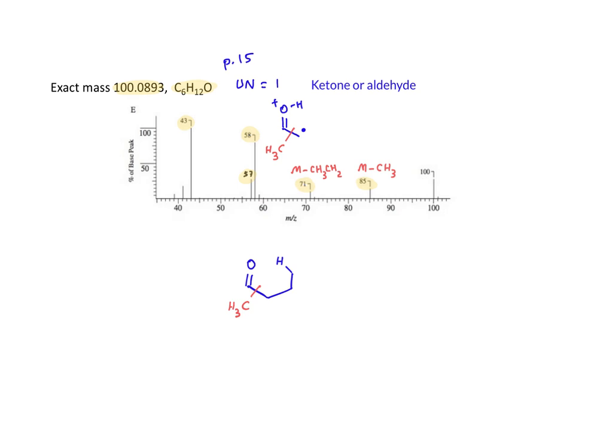Likewise, there's one more carbon to account for, which must be attached to one of the two remaining carbons that is lost in the McLafferty rearrangement. But we cannot say with confidence which carbon that methyl group is attached to.